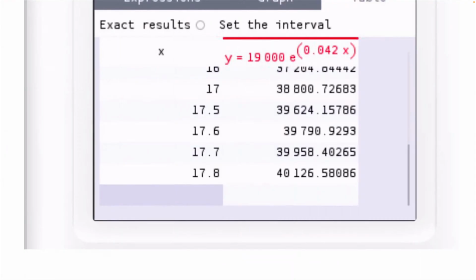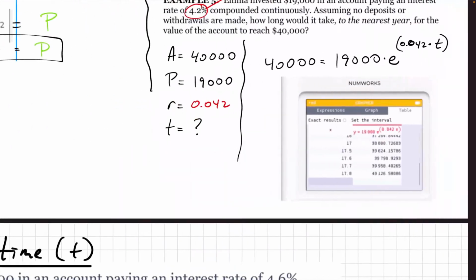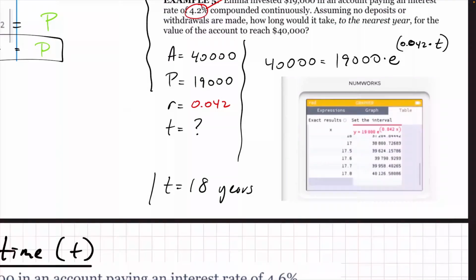When is she going to reach her goal? Between 17.7 and 17.8. Do we round up to 18 or stay at 17? Round up to 18. So we're going to say time is 18 years.